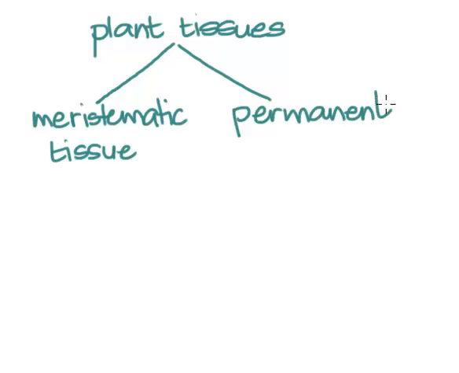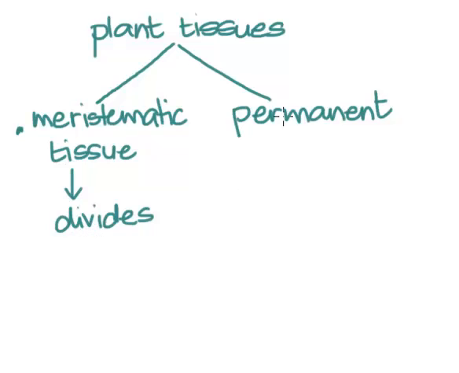And in our lesson tomorrow, we're going to focus on meristematic tissue. Basically, meristematic tissue is tissue that continues to divide. Meristematic tissue helps the plant grow bigger because it is constantly dividing.